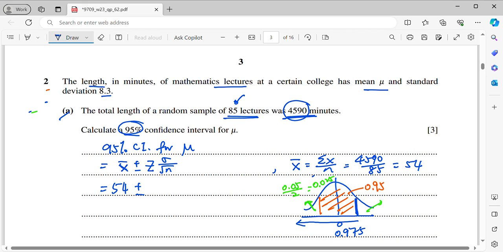Then from the table you will be getting this value as 1.96.